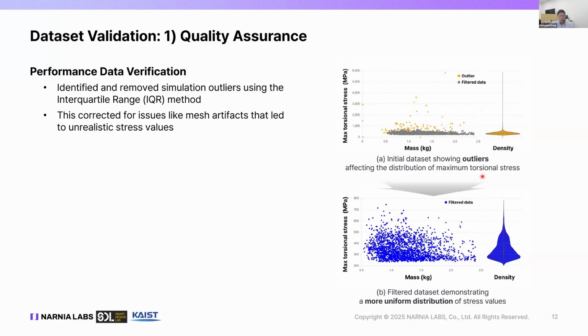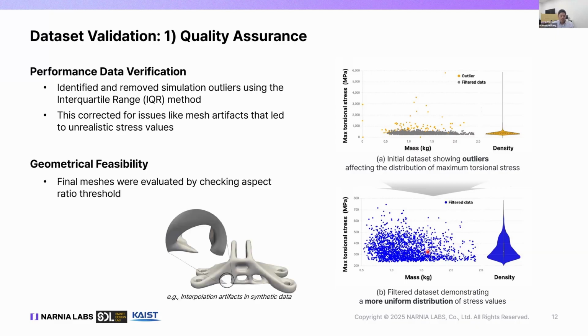After filtering, plot B shows a much more uniform and reliable distribution. Second, for geometrical feasibility, we ensured the final mesh quality was high. We checked metrics like the aspect ratio and found that only about 1% of mesh elements exceed the recommended threshold for stress analysis, confirming the dataset's integrity.